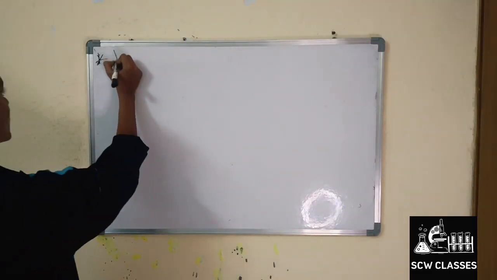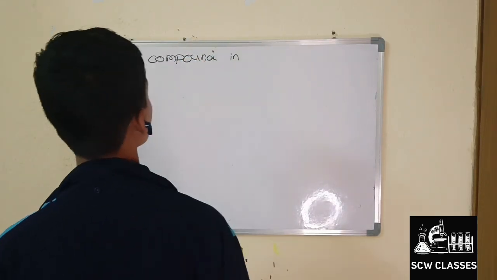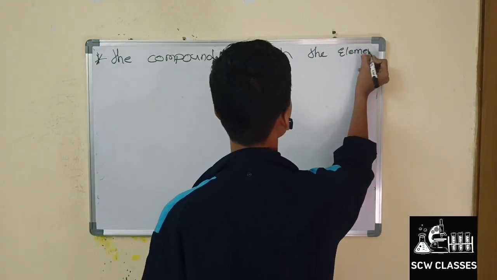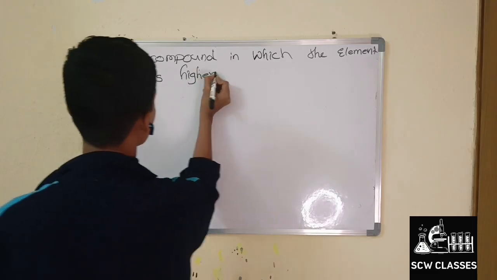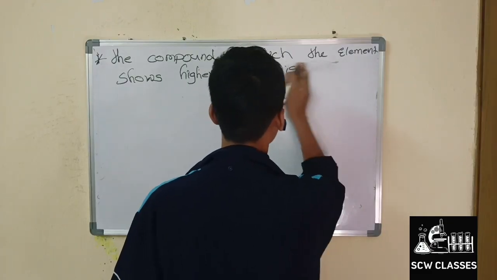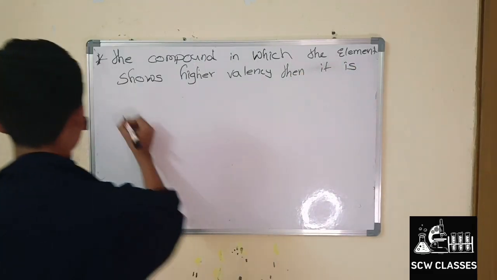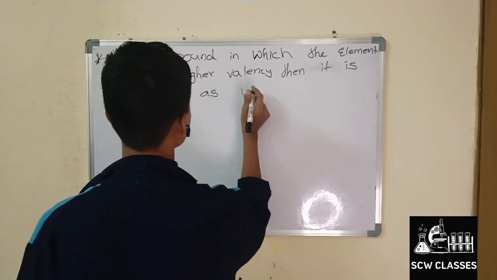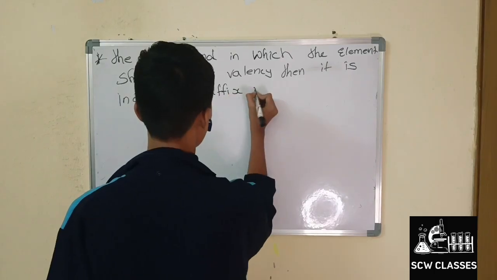Write it. The compound in which the element shows higher valency is indicated by the suffix -IC.